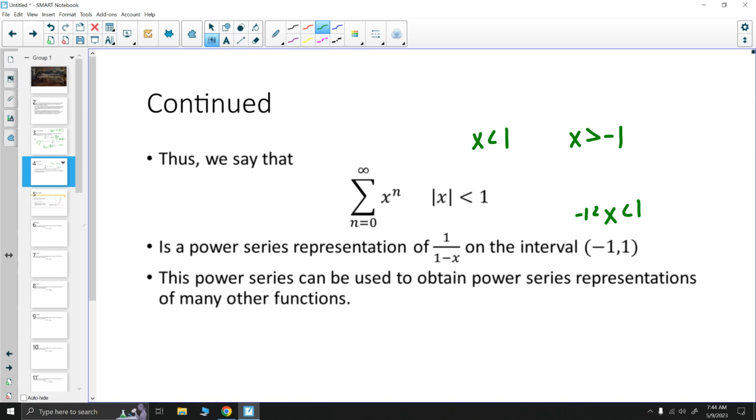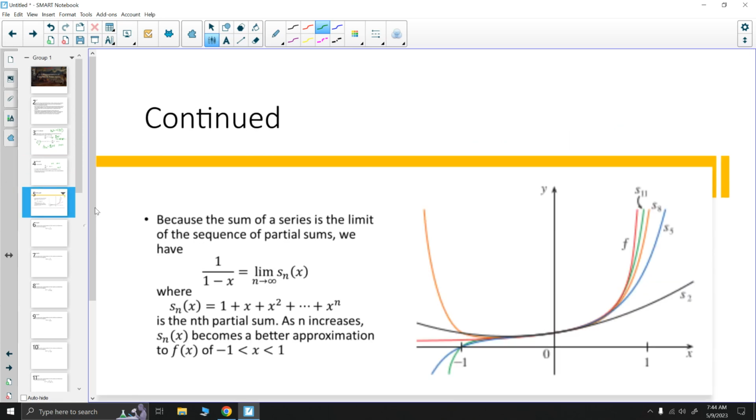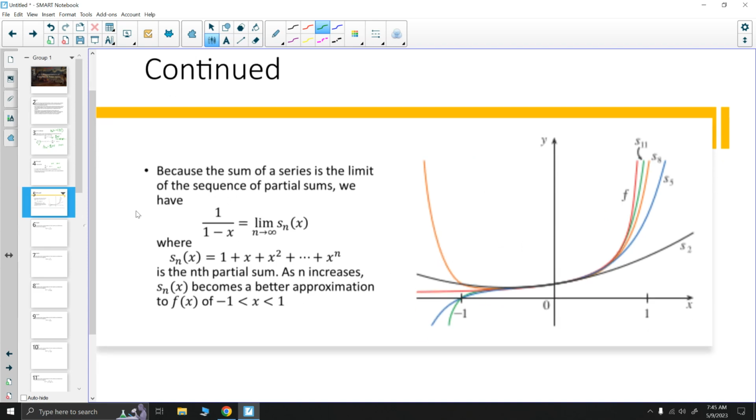Okay. So this power series can be used to obtain power series representations of many other functions. Again, the idea is we're just going to try and write our functions in that form. Now, basically, because the sum of a series is a limit of the sequence of partial sums, that is to say, the limit as n approaches infinity of our partial sums, we can actually then just use partial sums to approximate our functions. So let's say we can't find what the integral of a function is.